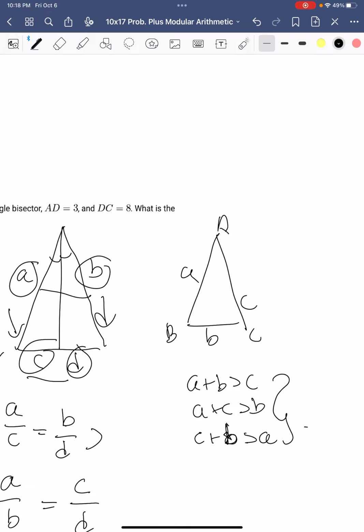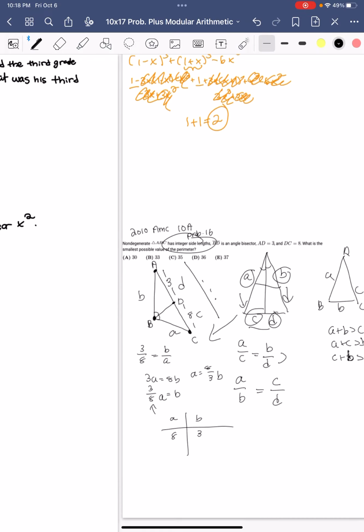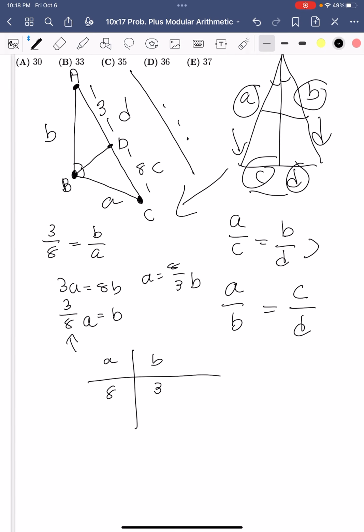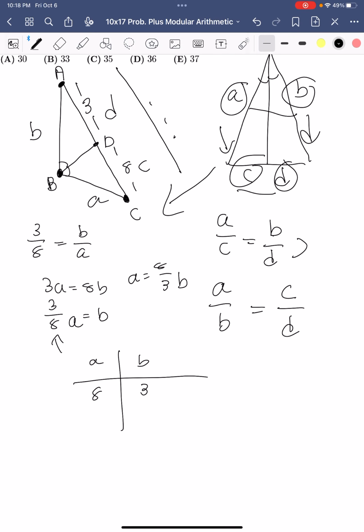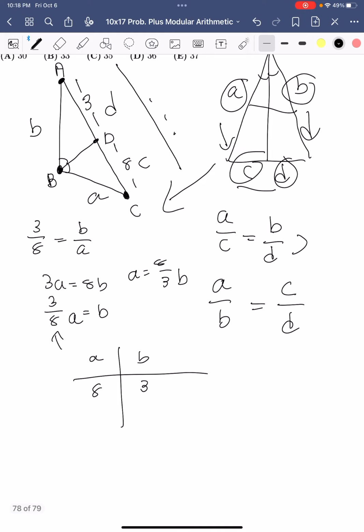So, if a were 8 and b were 3, then the triangle inequality would fail, because 8 plus 3 is equal to 11, not greater than 11. Therefore, this won't work, and we have to try another multiple of 8.